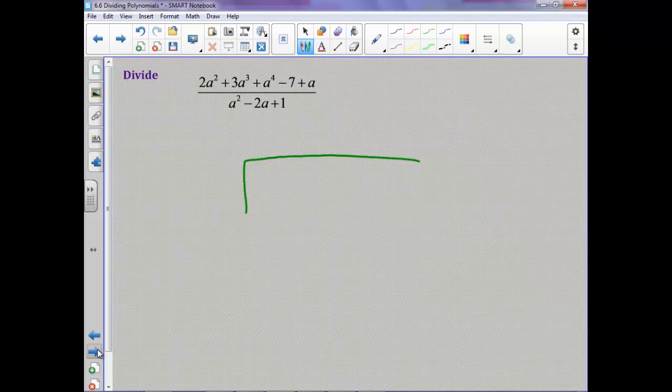So when we do our long division, we know this a squared minus 2a plus 1 will be on the outside. Notice though these are not in descending order. We do need it in descending order in order to divide. So let's go ahead and change the order when we get it set up for our long division.